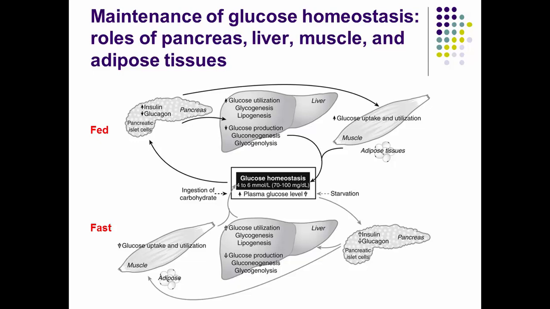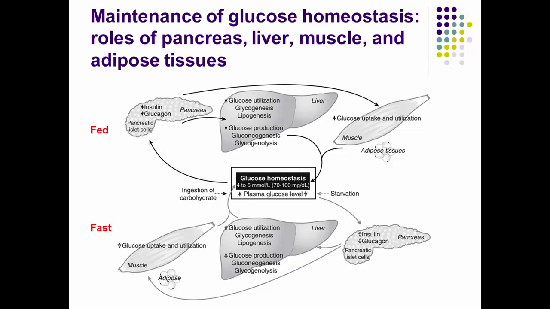Now I just wanted to talk a little bit more about this. I think we have covered this earlier, right? But I just wanted to remind you again, in the fasting condition, our body has to do something to maintain the glucose levels.